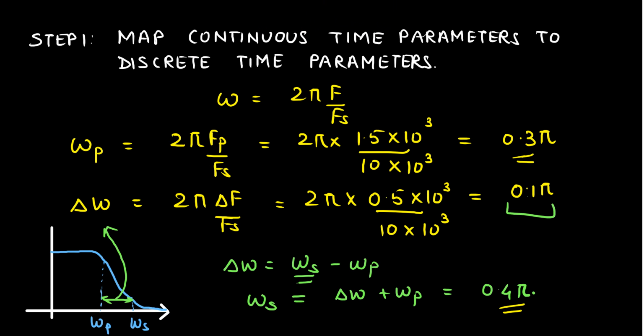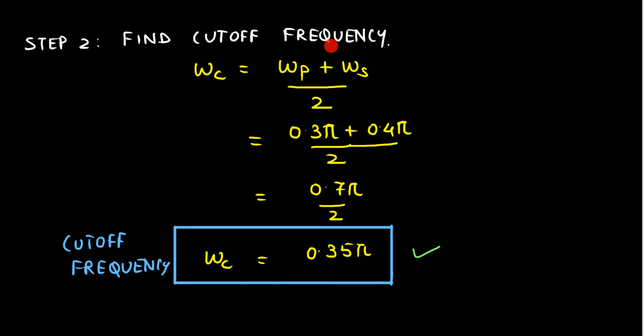And once we do this, what we have is the passband edge, the transition width, as well as the stopband edge in the omega domain, that is for the discrete time frequency. So once we have this passband edge and stopband edge, using this we can find the cutoff frequency, which is nothing but the arithmetic mean of passband edge and stopband edge.